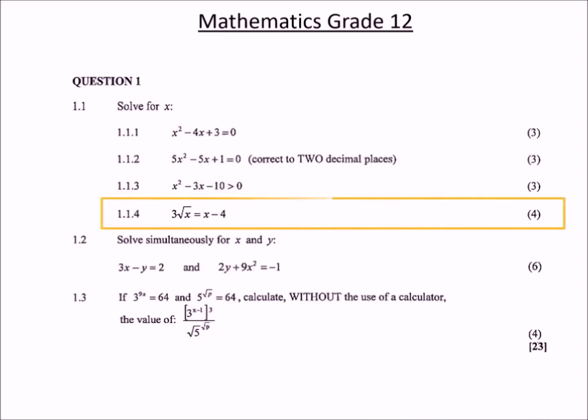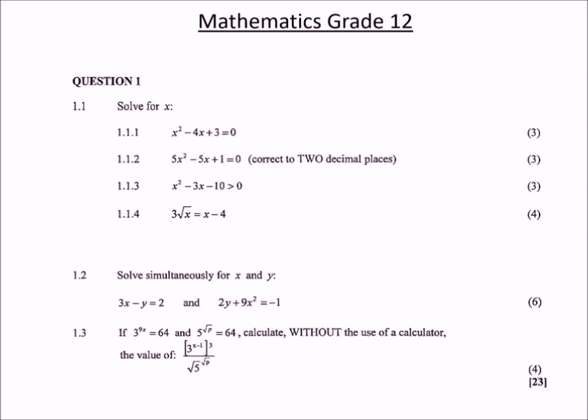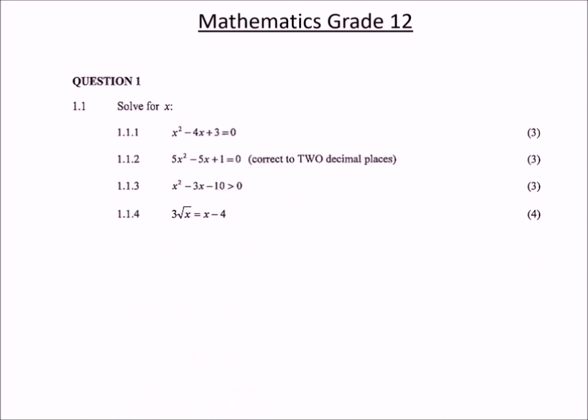Now, 1.1.4. Three square root of x equals x minus 4. We start by squaring both sides of the equation.